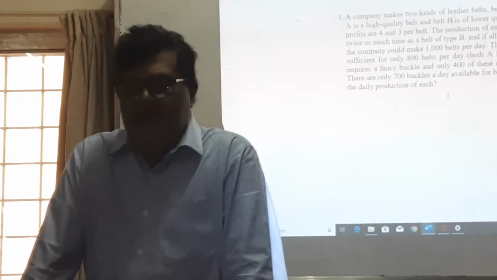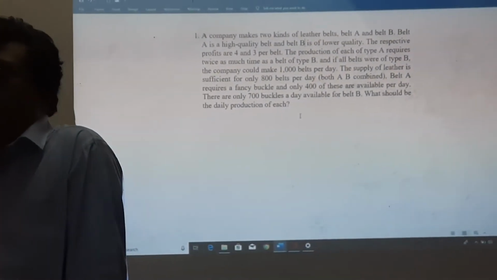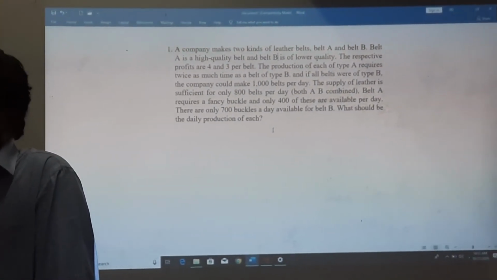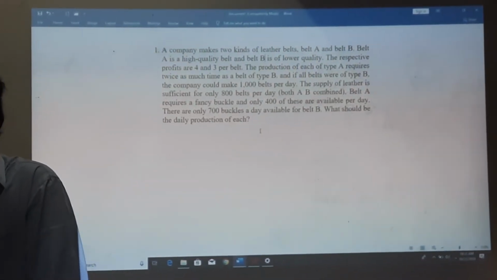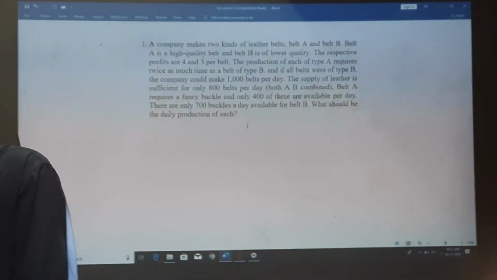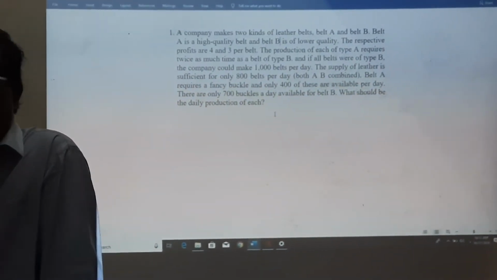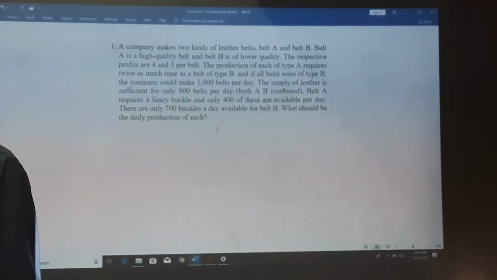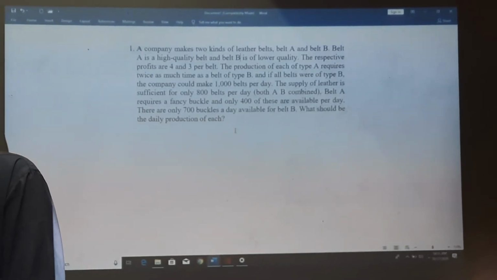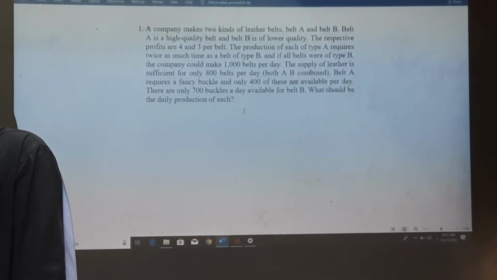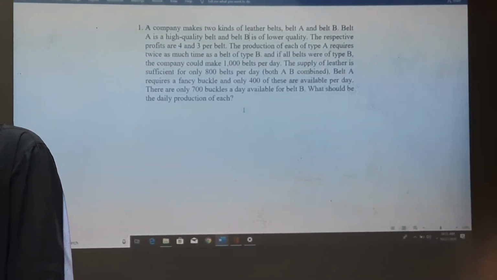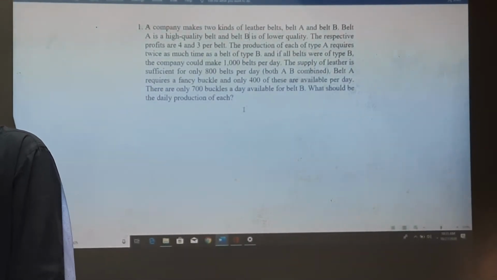A company makes two kinds of leather belts, belt A and belt B. Belt A is a high quality belt and belt B is a lower quality. The respective profits are 4 rupees and 3 rupees per belt. The production of each belt of type A requires twice as much time as a belt of type B. And if all belts were of type B, the company could make 1000 belts per day.